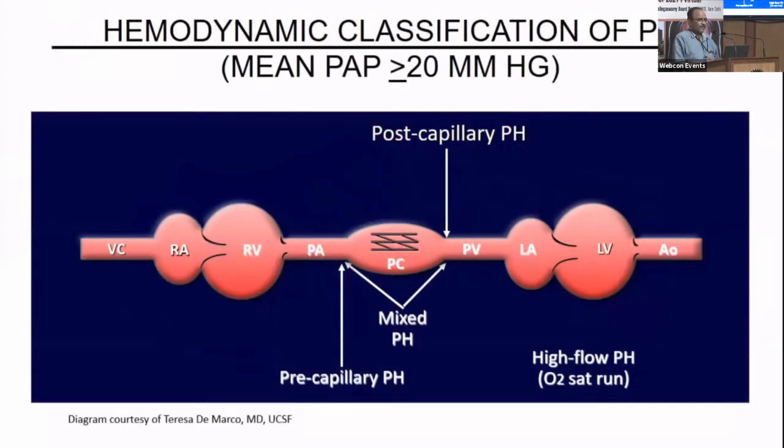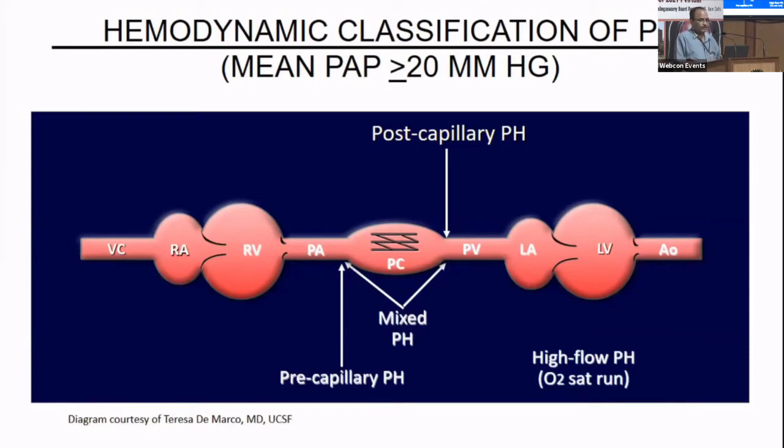So the basic feature is that the mean pulmonary artery pressure has to be high. The second thing is that there can be problems at the post-capillary end, or at the pre-capillary end, or both.